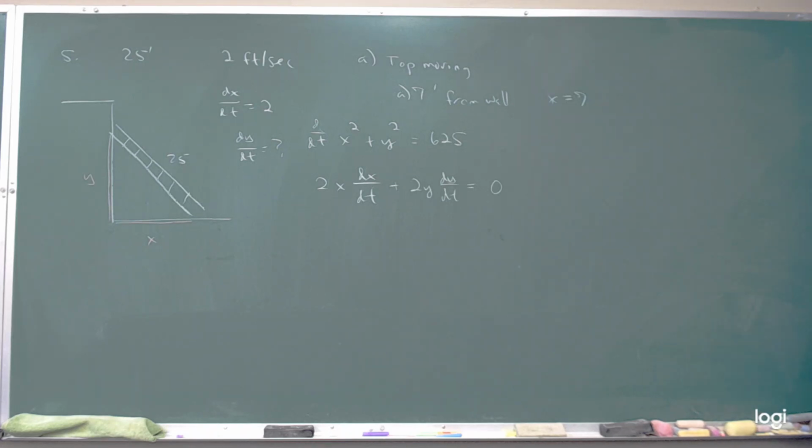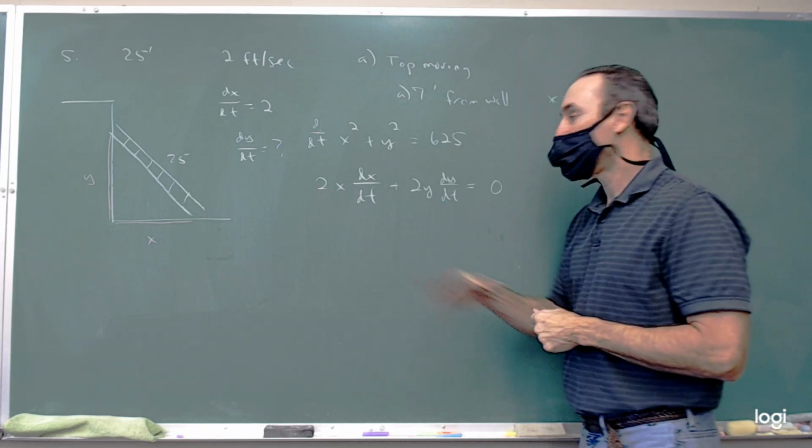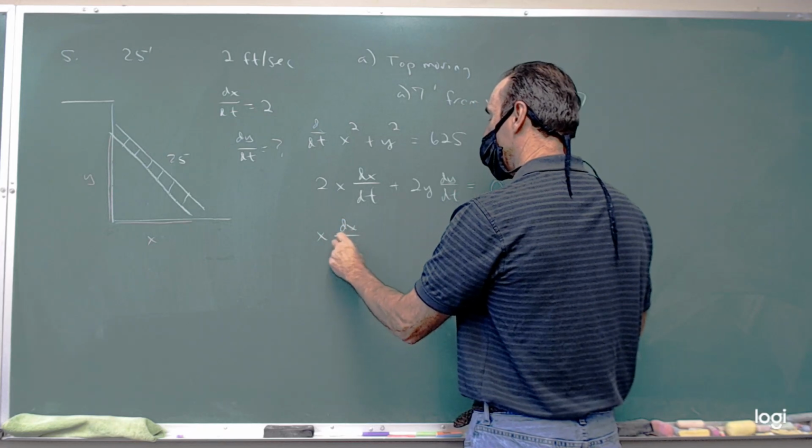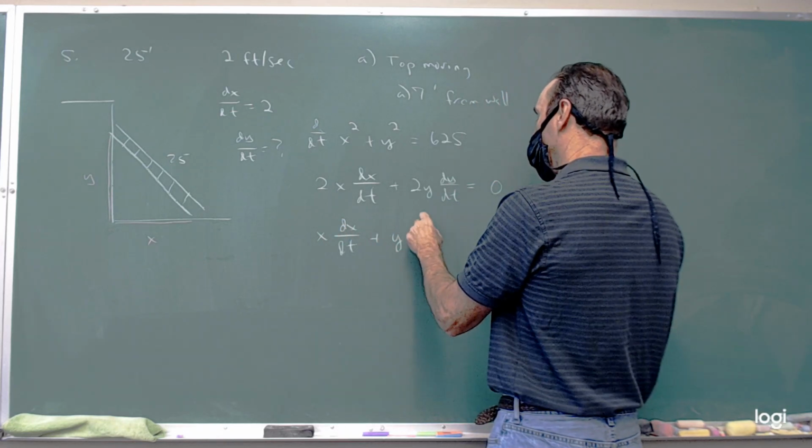Then we just divide out the 2's to get rid of some of the clutter, just to make things simpler.